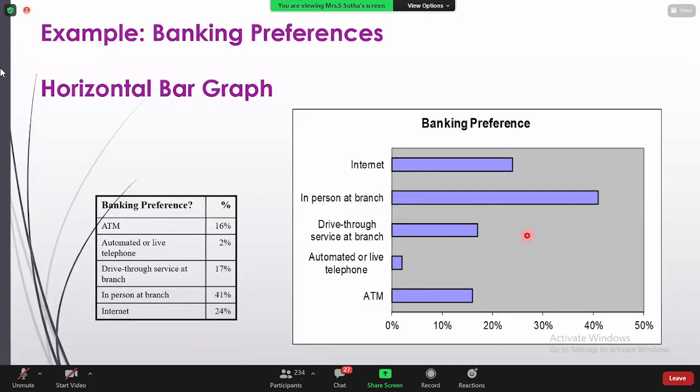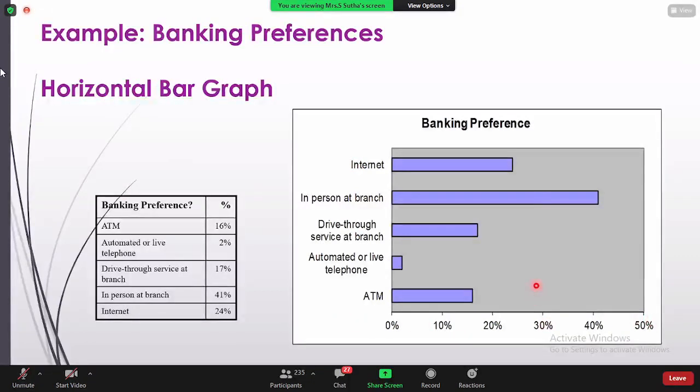So when we have the horizontal bar chart, we have to take the scales the other way around. In the vertical axis, we are taking the categories, and in the horizontal axis, we are taking the scales.